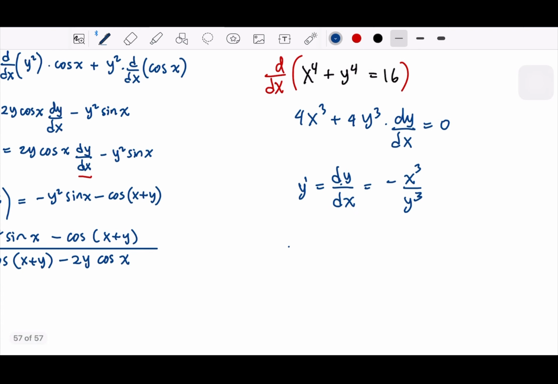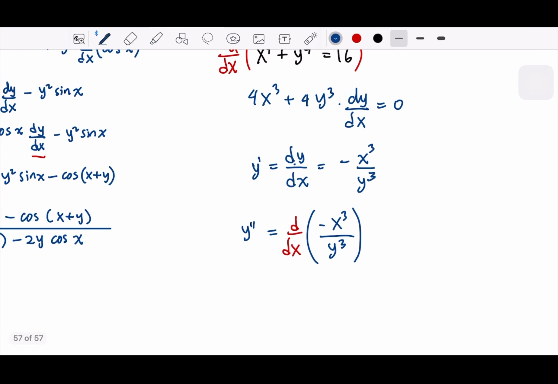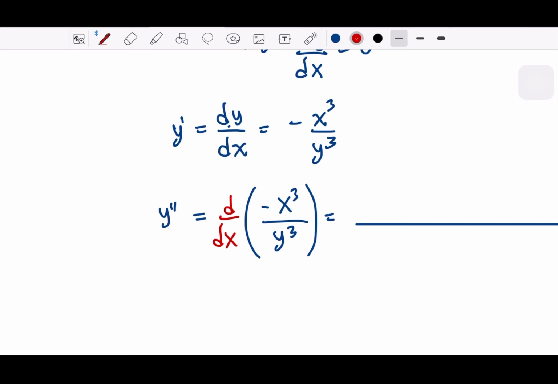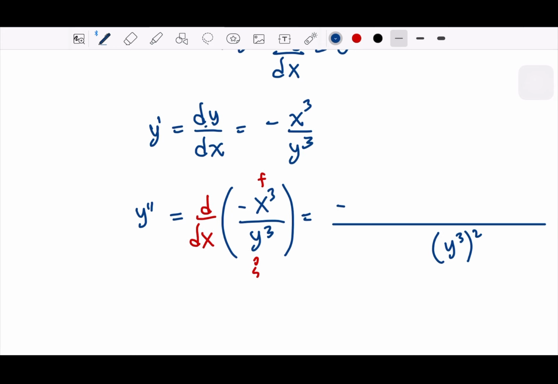So this second derivative, or the double prime, let me write the process one by one, d dx of the equation here. Okay. So we take this using the quotient rule. So this is f, this is g. So the g will have squared on the bottom side, and this will be negative.